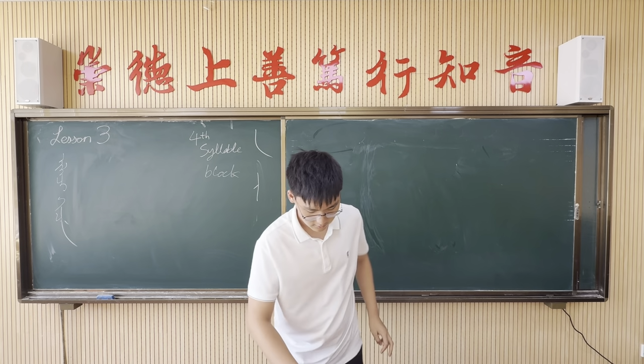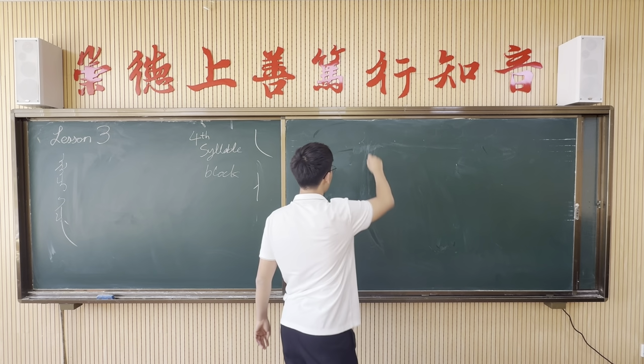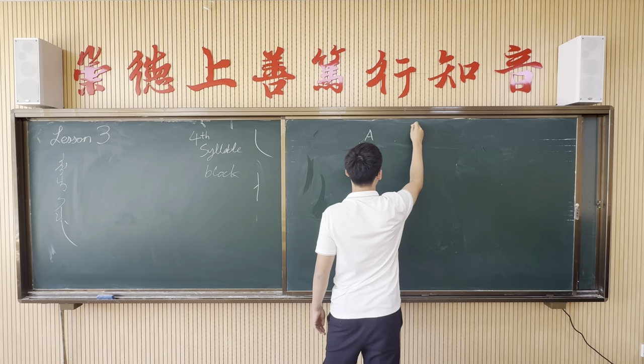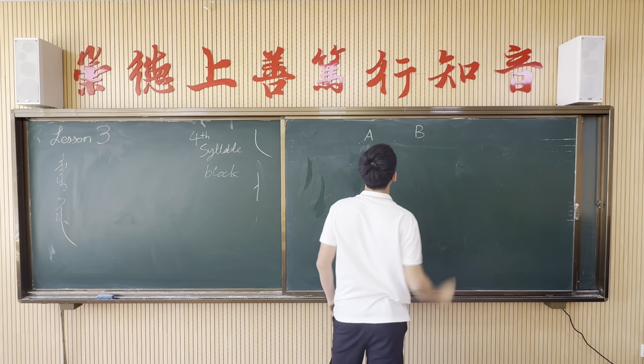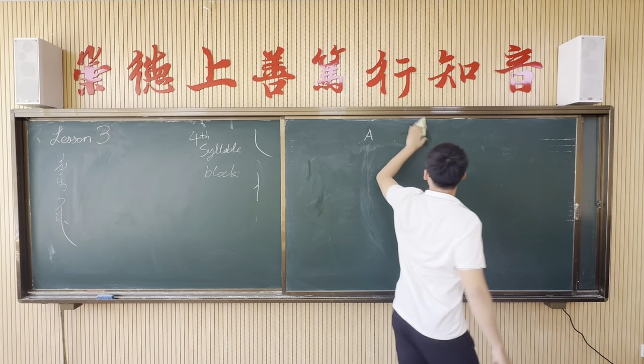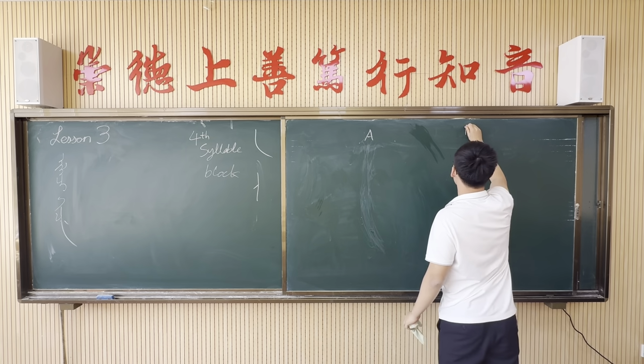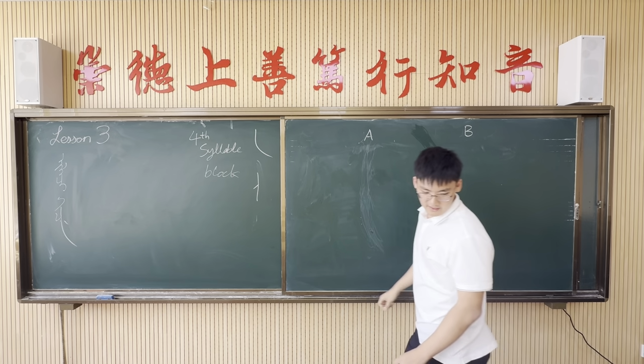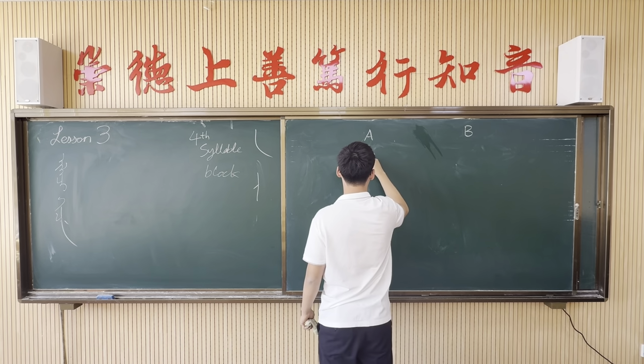Okay, so there will be person A and person B, right? Actually, let's make the gap a little bit larger, so we can include more stuff inside. Okay, person A says Si Sayun.